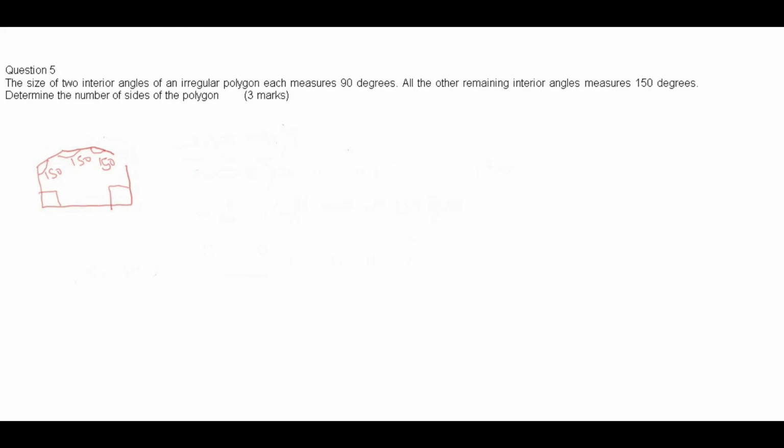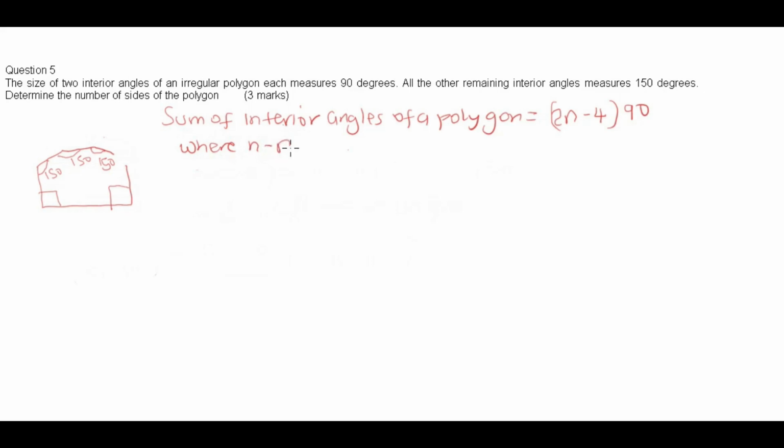So what you know is the sum of interior angles of a polygon is given by (2n minus 4) times 90, where n is equal to the number of sides of the polygon.